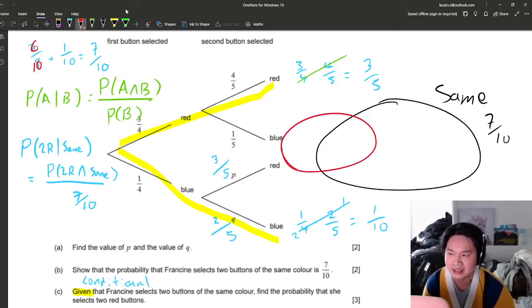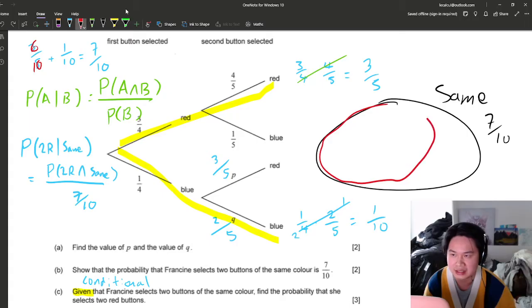It makes no sense that there is a part of the 2 red outside, because anything that's 2 red is also considered 2 of the same color. So this is 2 red, and the other part of the same is 2 blue.